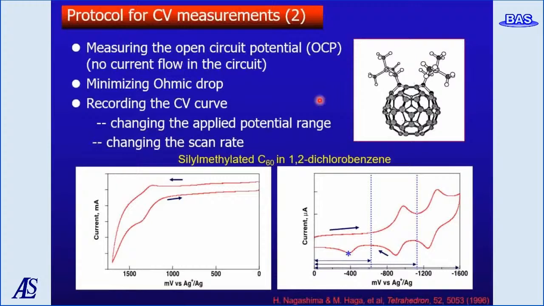At the beginning, the open circuit potential, where there is zero current between the working electrode and counter electrode, should be measured, and then the CV curve is recorded for both positive and negative potential directions. Changing the applied potential range and the scan rate is also important.